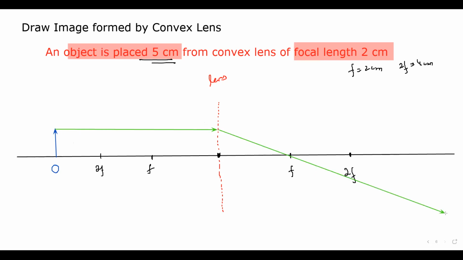So you will draw a parallel light ray. Look till this point. Till the lens you will draw a parallel light ray, and since it's a parallel light ray, it will pass through the focus.